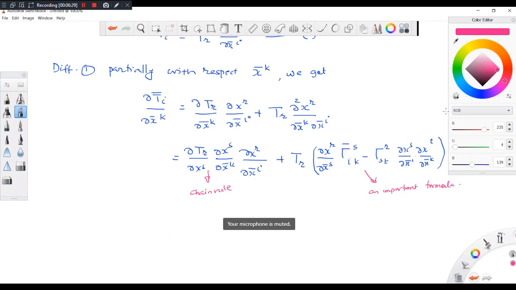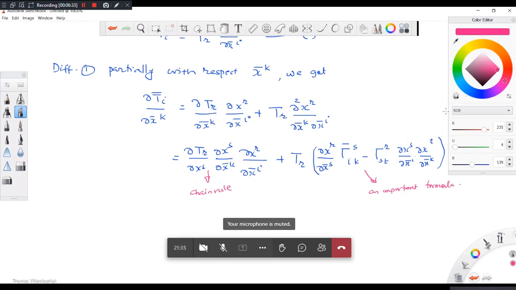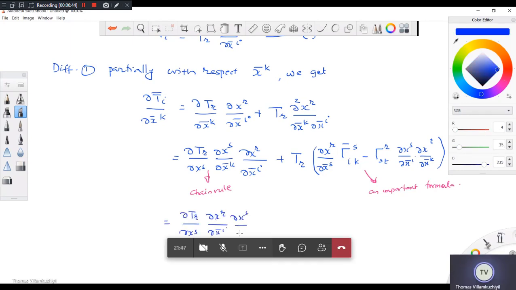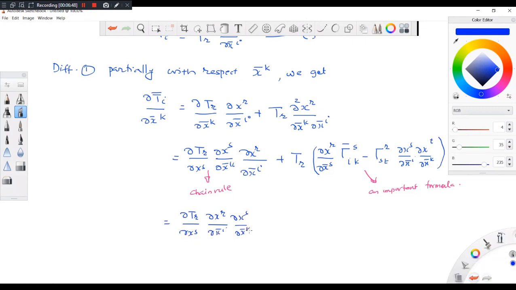Now how can I write this? The first one I write as it is, del T r by del x s into del x r by del x bar i del x s by del x bar k. I just interchanged this, that's all.